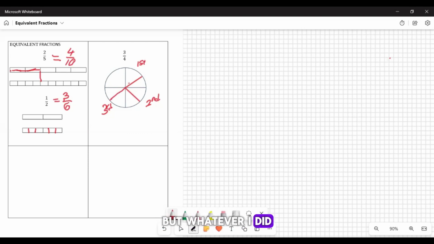But whatever I did, I have to do it to the other side too, so that I can get a proper view of them. So remember that the divisions are equal. This is not drawn to scale, but the divisions should be equal. So let me try to make it a little bit equal. So I take this and I trace.